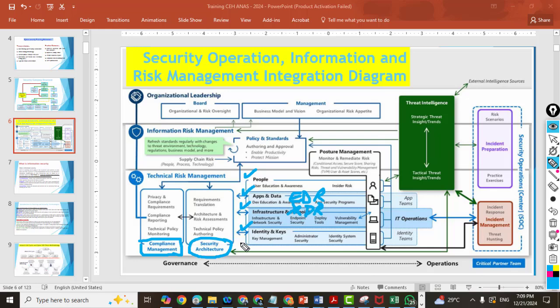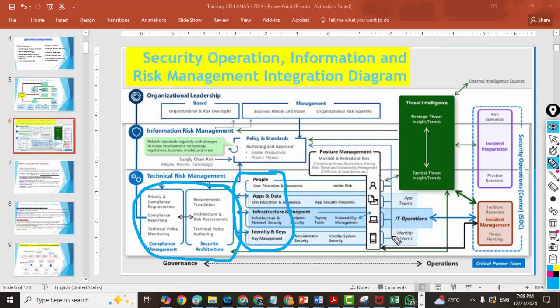So those are related to infrastructure and endpoints. Those management departments are responsible for security for all of those different entities inside the networks.